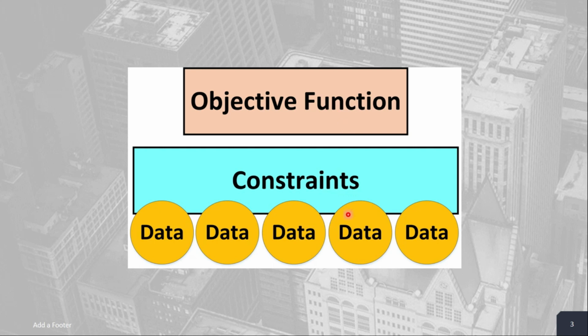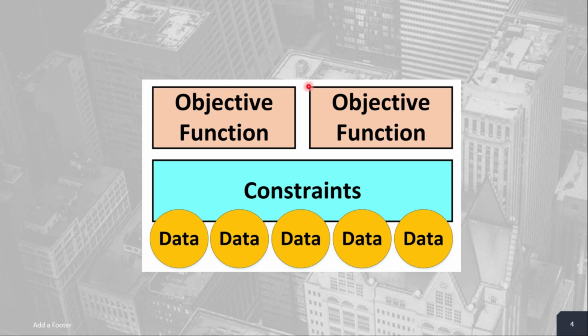Now, it is not only one. We can have multiple objective functions, and that's why we call it a multi-objective problem formulation, right? We can have two objective functions, three objective functions, and so on. If you consider more than one objective function, for example, we have to minimize the cost of traveling, and we have to maximize the comfort level also. For example, we have an electric vehicle.